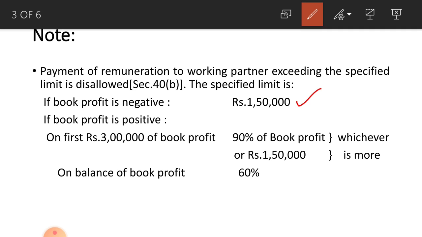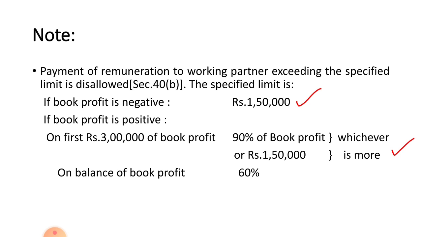Then you have to calculate actual remuneration paid and this condition, whichever is less. First you have to consider whichever is more, that is 90% of book profit or 1,50,000. Then in the next step you have to consider whichever is less, that is that amount or actual remuneration paid.